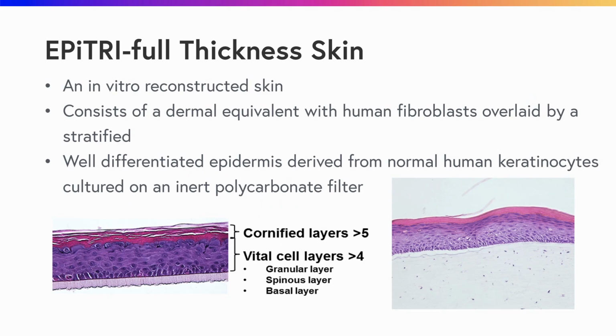In the third part, I will introduce our tissue printing system for skin tissue printing. In E3, we have an epi-tree for full thickness skin tissue constructed through the traditional process of tissue culturing and differentiation.